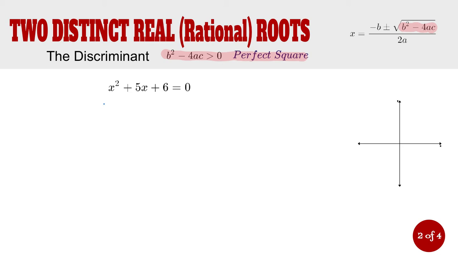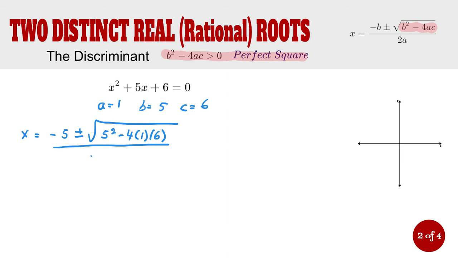So plugging our values in, a equals 1, b equals 5, c equals 6, negative b plus or minus square root of b squared minus 4 times a times c all over 2a. Negative 5 plus or minus 5 squared is 25, minus 24 is 1, all over 2.